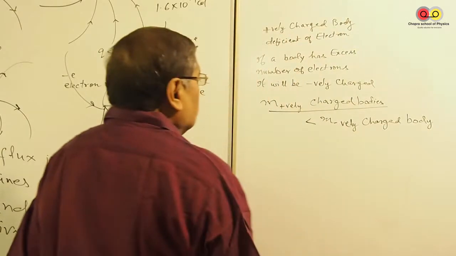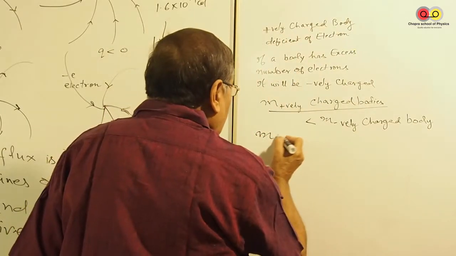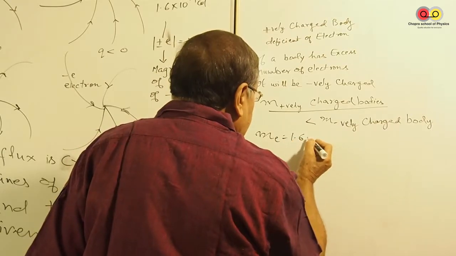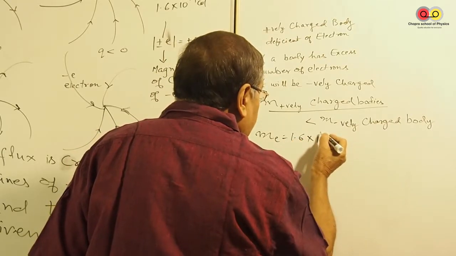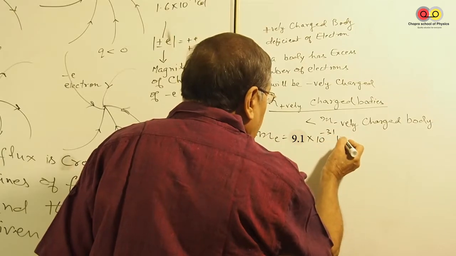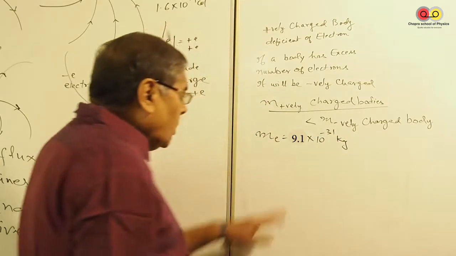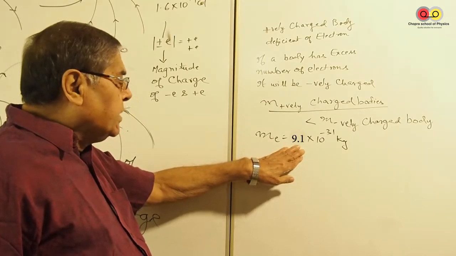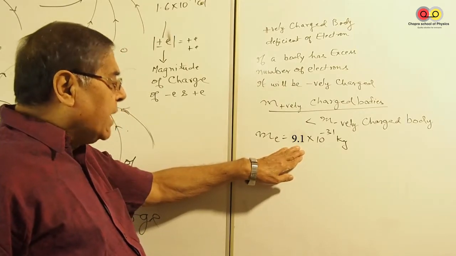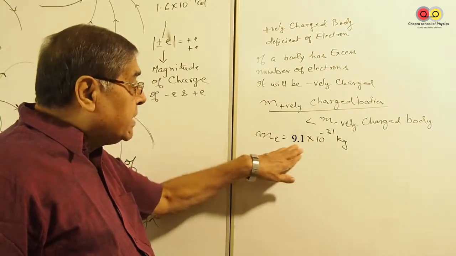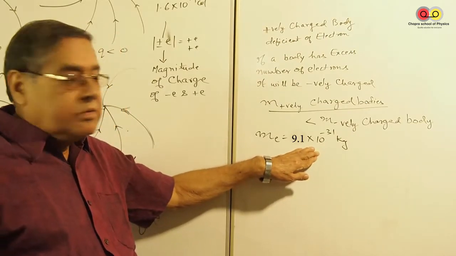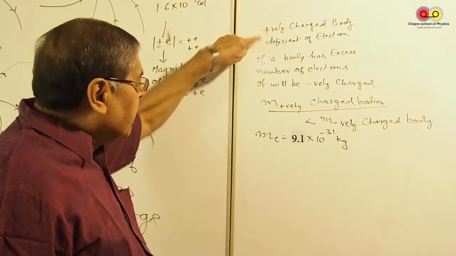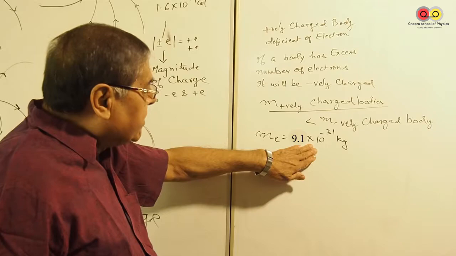In this concept, you have to remember the mass of electron, that is 9.1 × 10^-31 kilograms. No doubt that this mass is very small, but with respect to the nucleus or with respect to the atom, this mass is very significant. We have to consider it. So that's why when a positively charged body is losing electrons, it is losing this mass per electron.